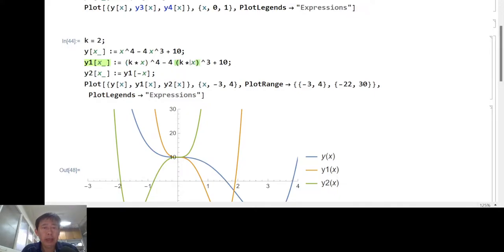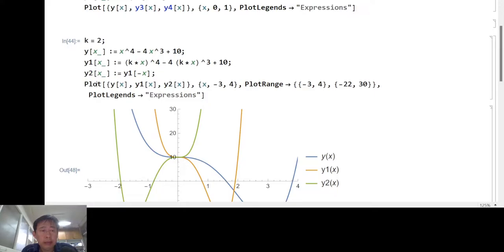So each x in the original y function is replaced by kx. Once I have done that, that would be the expression for y1. y2 is the curve obtained from y1 by reflecting it about the y-axis. The reflection about the y-axis is to replace all the x arguments in y by minus x.